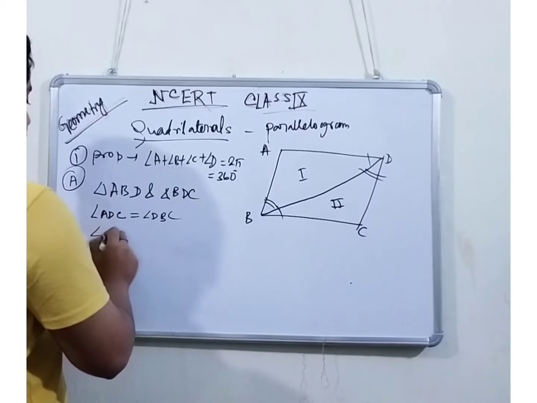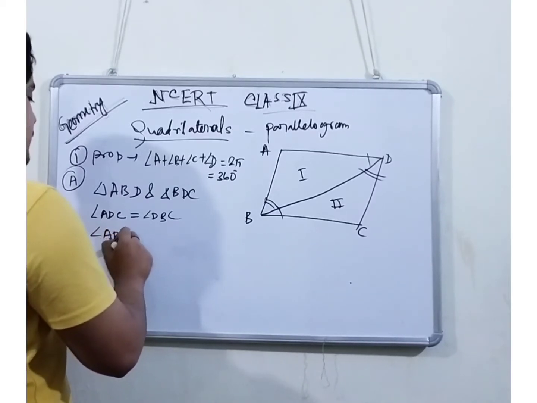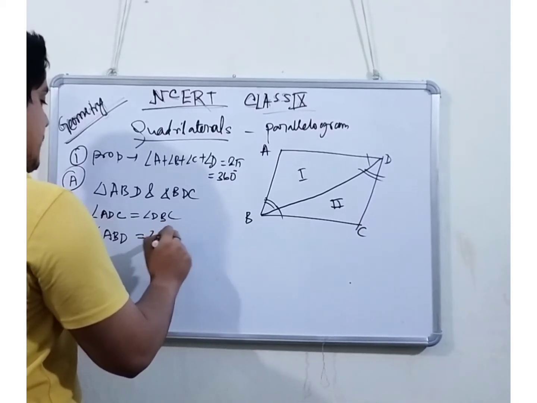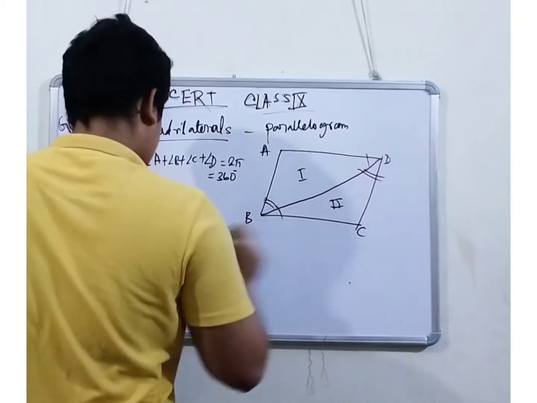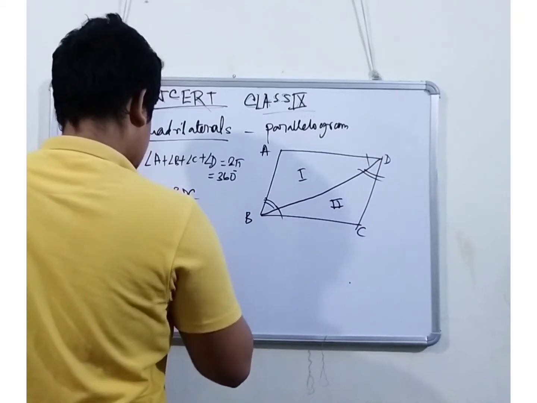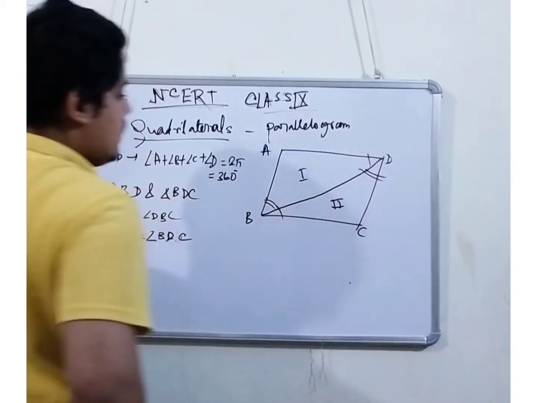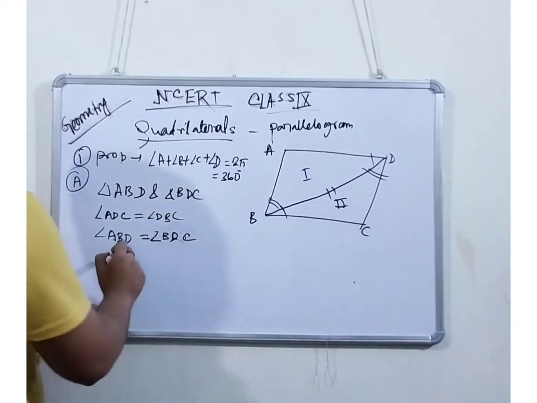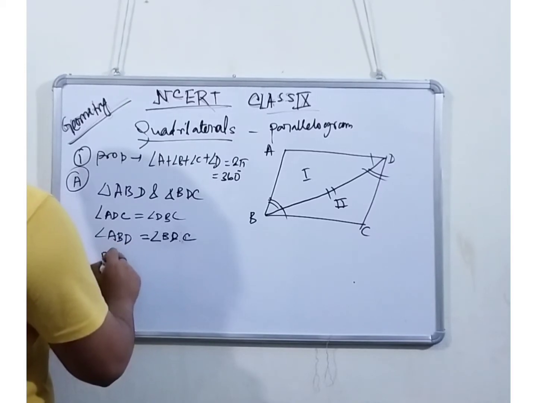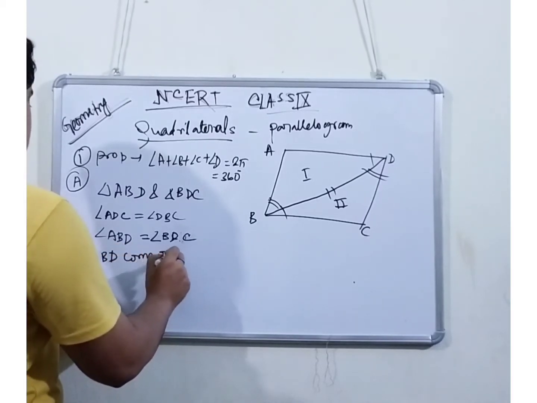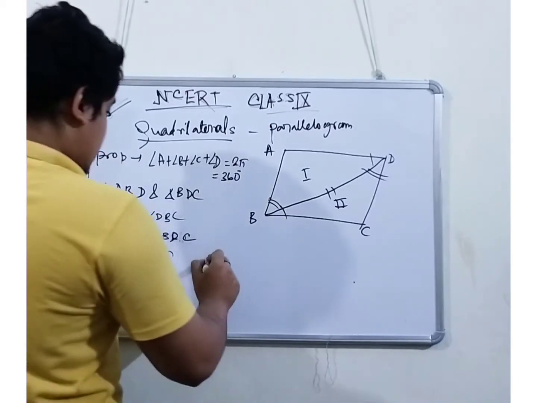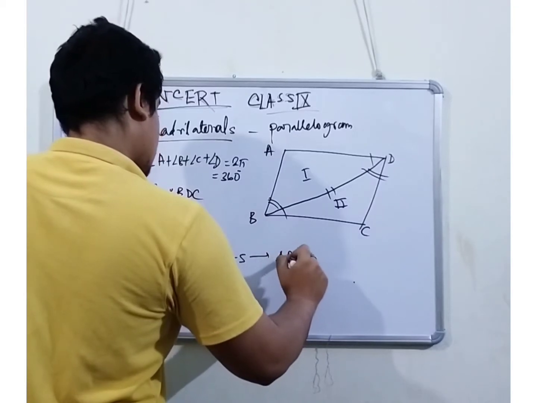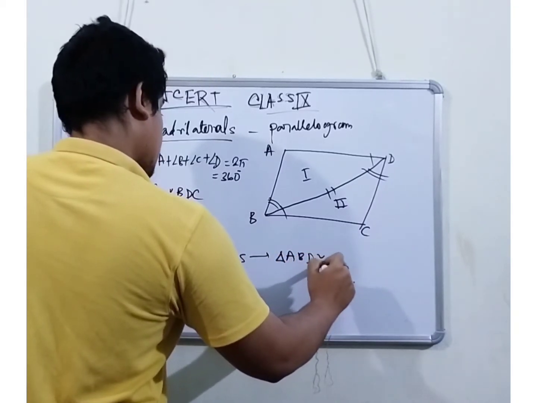So angle ABD equals angle BDC. Now this is a common side, so BD is common. According to AAS, these two are congruent.